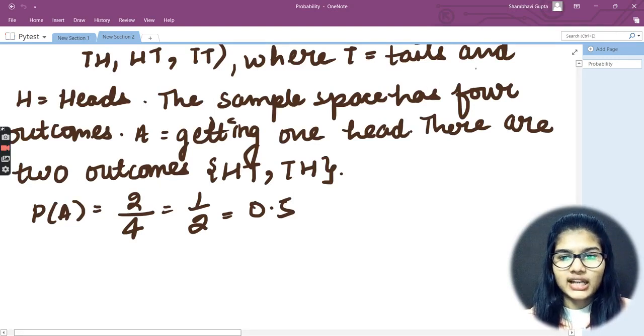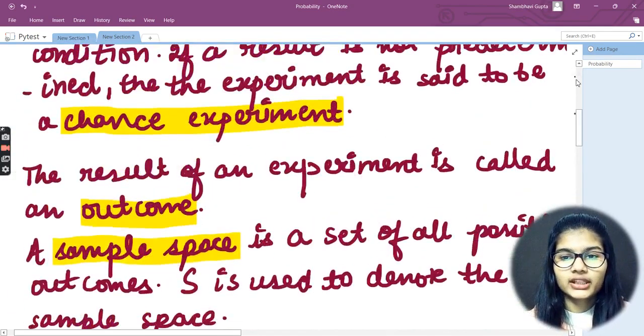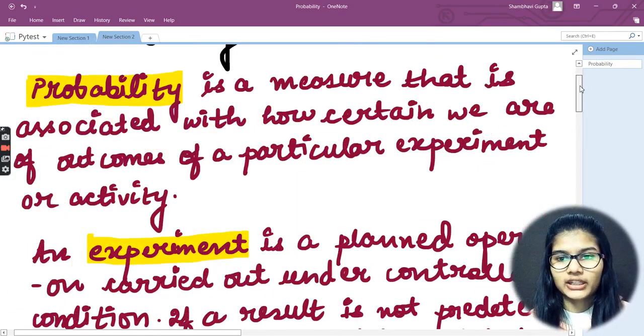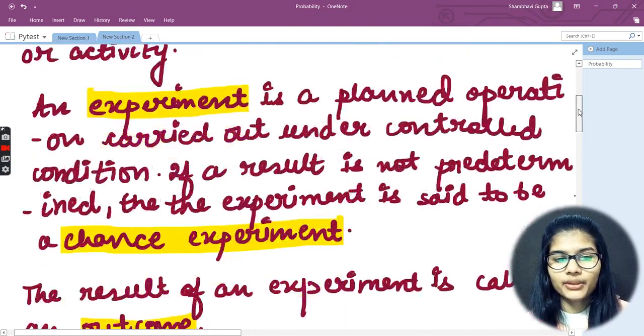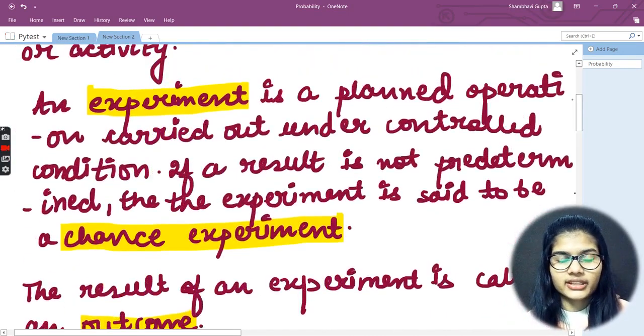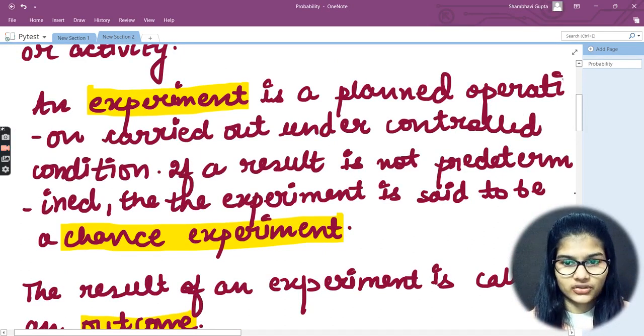Now what I want to do is revise these terminologies once for you, because it will be much easier for you to relate to the things. So we started with what an experiment is. It is a planned operation which is carried out under controlled conditions.